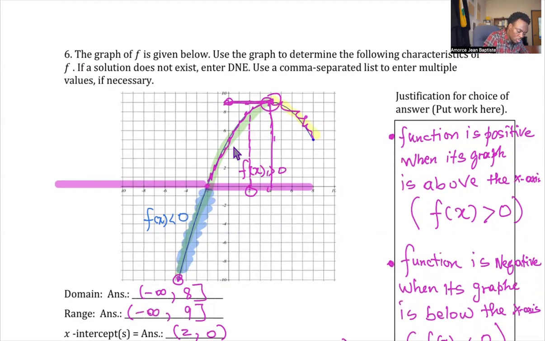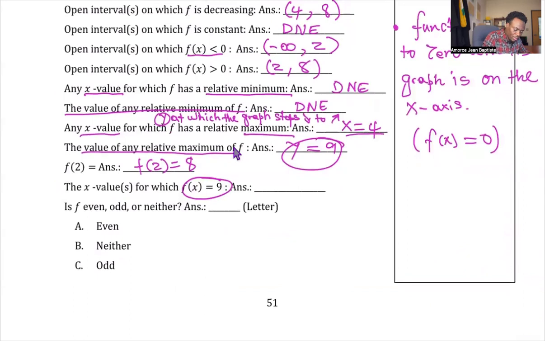So one step, 2 steps, 3 steps, 4. So we took 4 steps from y equals 9 to see what x corresponds to it. So x equals 4.